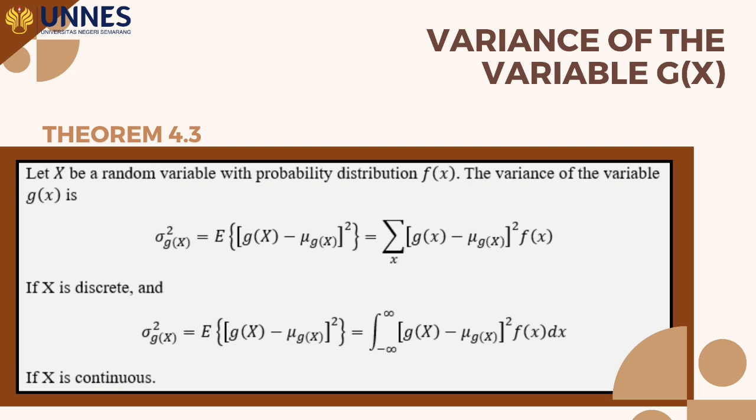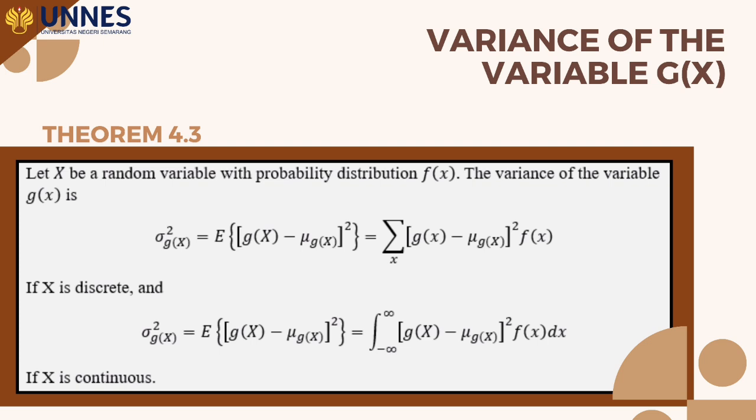If X is discrete, the formula is sigma squared of g(X) equal to E[(g(X) minus mu g(X)) squared], equal to the sum over x of (g(x) minus mu g(X)) squared times f(x).